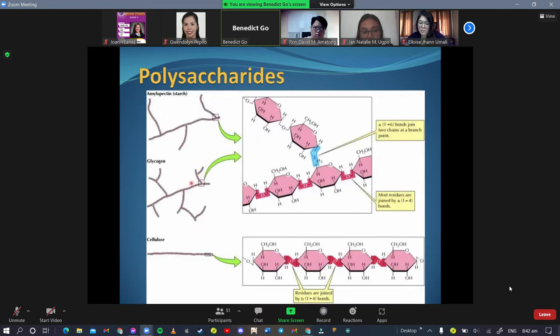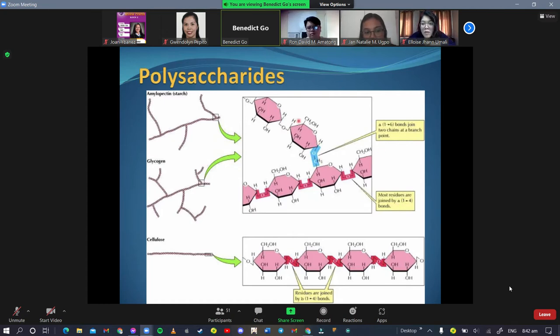So this, I think, is found in Lippincott. Here you'll find amylopectin, which I mentioned earlier was a branching polysaccharide. In the linear chain, you will find that it is bound by an alpha 1,4 type of bond.